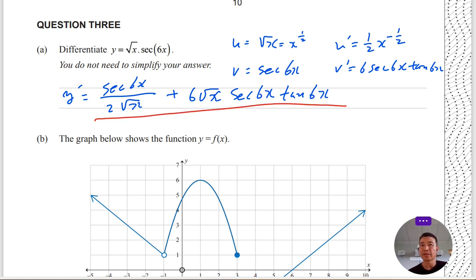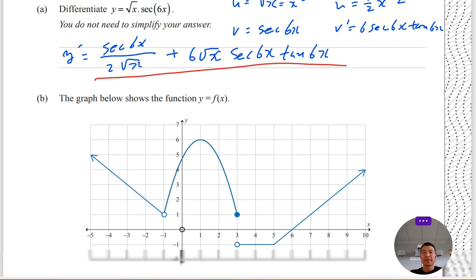So when you do vu prime, which is half secant 6x over 2, x to the power of negative half means over square root of x, right? That's why I write it that way. And then uv prime is just simply 6 square root of x, secant 6x, and tangent 6x, right?